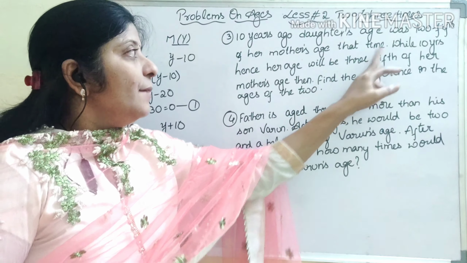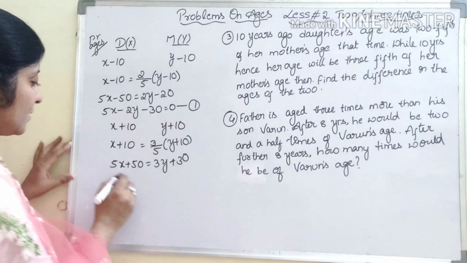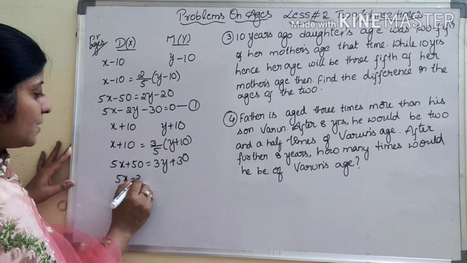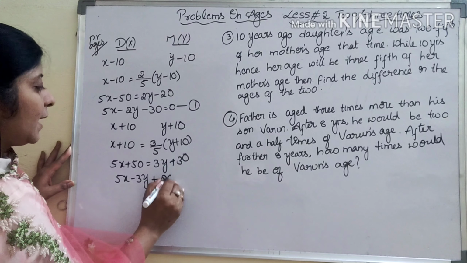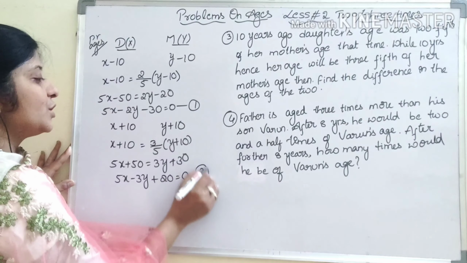X plus 10 will be 3 by 5 times of her mother's age. Here also by cross multiplying we get another equation in x and y. 5x plus 50 will be equal to 3y plus 30. So this gives 5x minus 3y plus 20 equal to 0. Let it be equation 2.